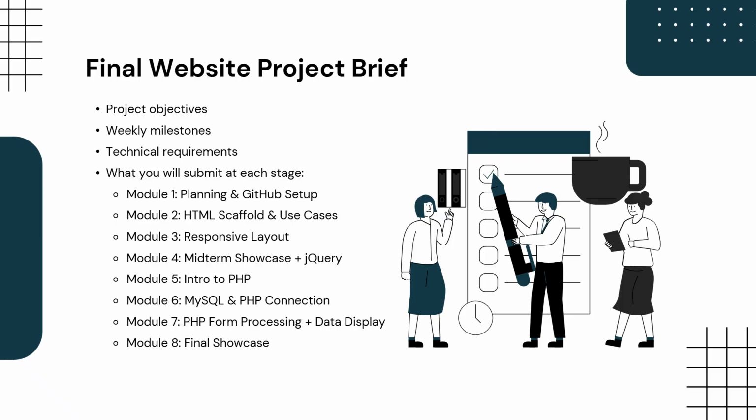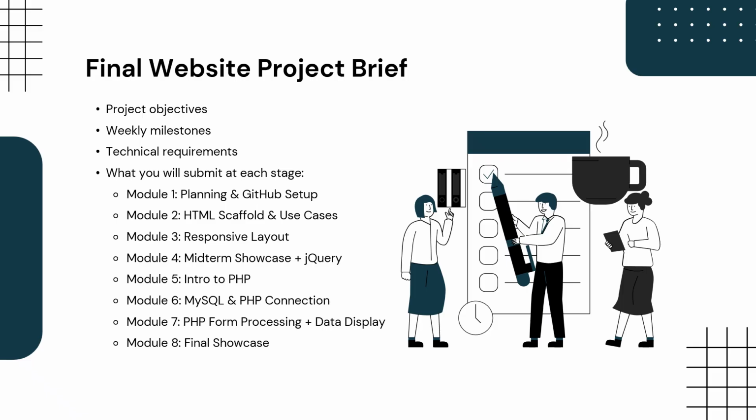You'll find that document in the course information section of your Canvas course room. That brief lays out what the project objectives are, what your weekly or bi-weekly, I should say, milestones are, any technical requirements that are needed for the project, and exactly what you're going to be submitting at each stage.